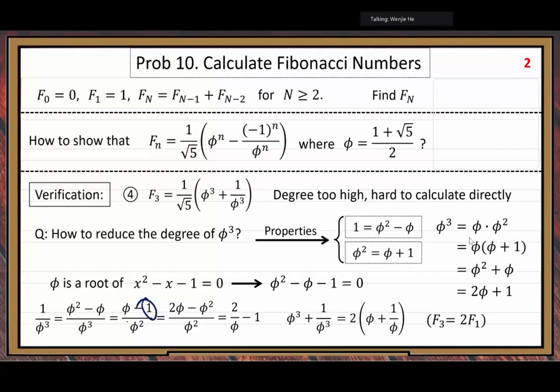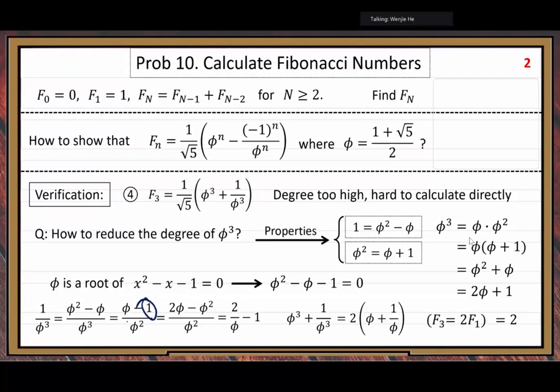This formula means F3 equals 2 times F1. F1 is 1, so from this formula we find F3 should be 2. So we calculate the Fibonacci number F3 from this formula and we get 2.